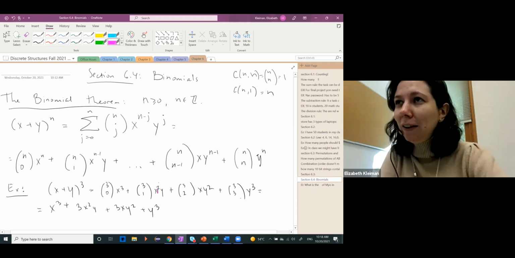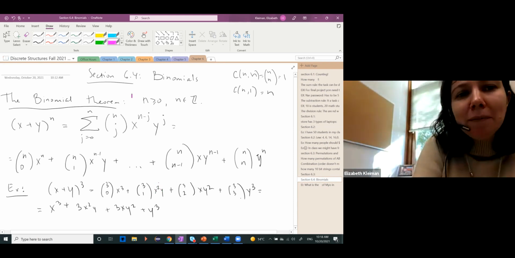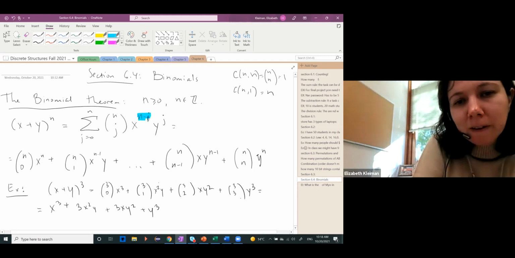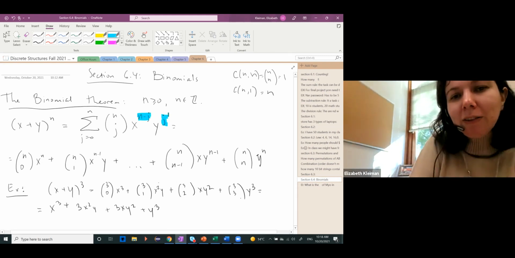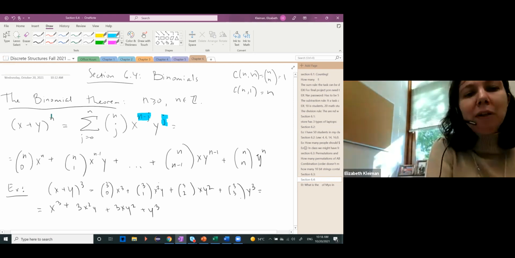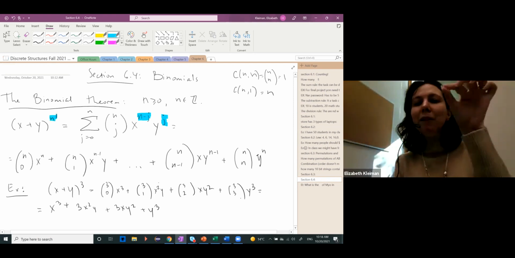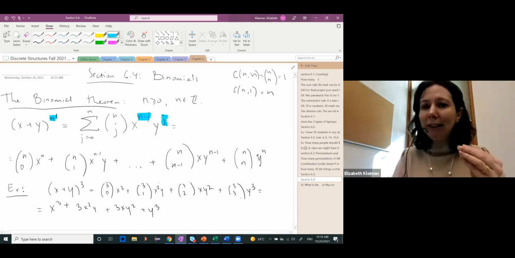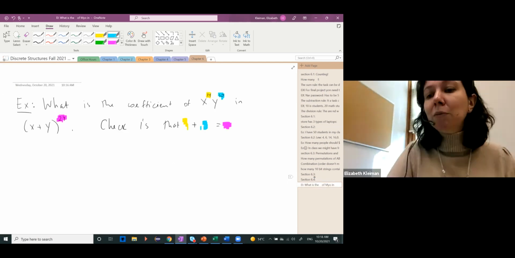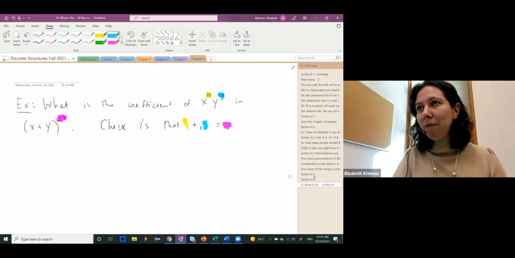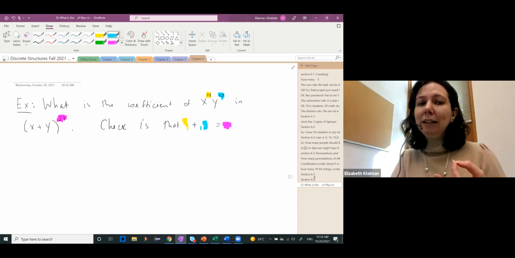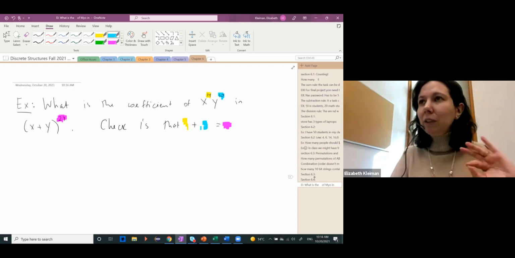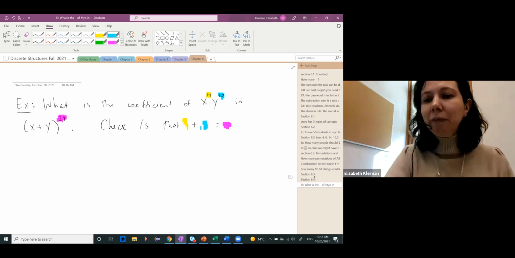If you look at it, my powers here, if I add them together, are always going to be equal to n, because n minus j plus j is always n. So this is a must. This is one thing to check that my problem is correct. Okay, so 14 plus 10 is 24. Looks good. So this term is in it.